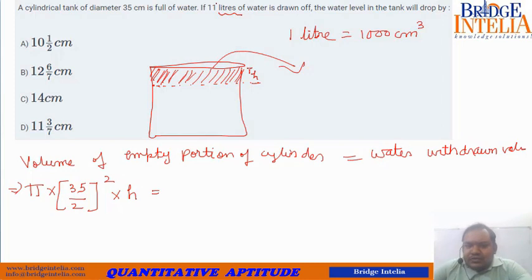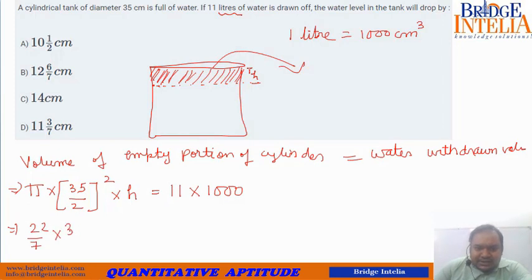How much volume of water has been withdrawn? 11 liters. Now I am converting liter into centimeter cube, to keep the unit uniform, so this relation must hold valid. So pi can be written as 22 by 7. So 22 by 7 into 35 by 2 into 35 by 2, because this is 35 by 2 whole square, into h is equal to 11 into 1000.